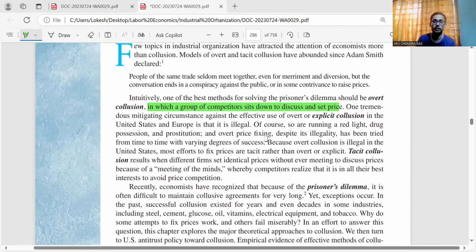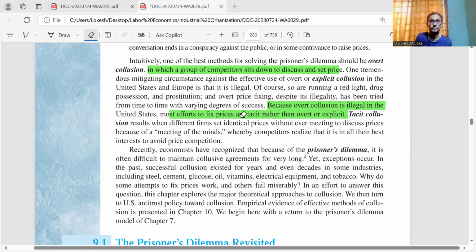Here in the text it is written that because overt collusion is illegal in the United States, most efforts to fix prices are tacit rather than overt or explicit. So, because overt collusion is illegal in the United States, we basically follow tacit rather than the overt or explicit collusion we have discussed earlier.